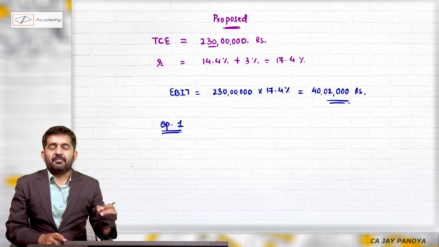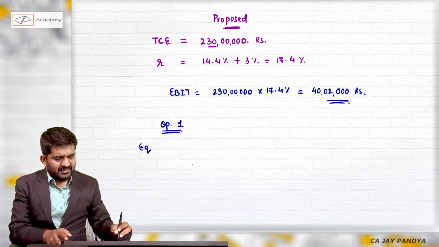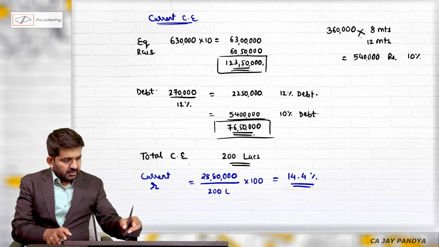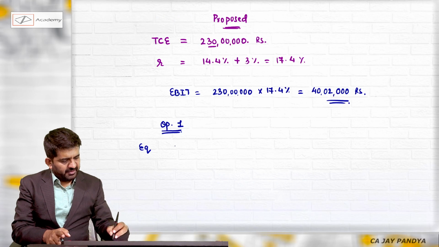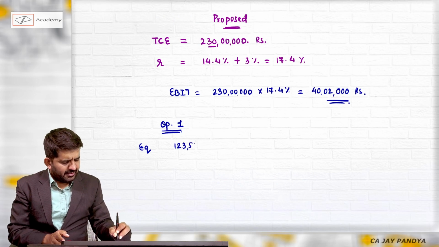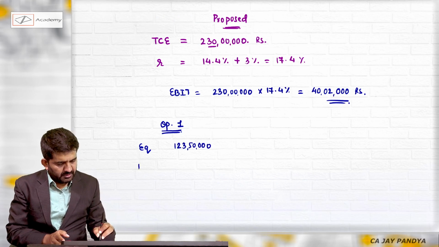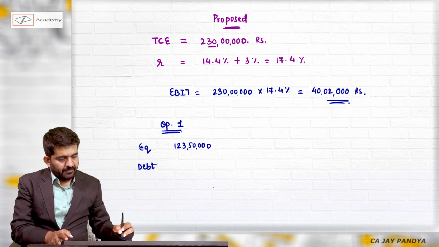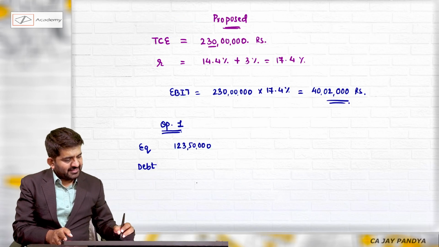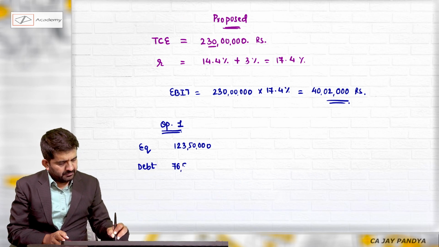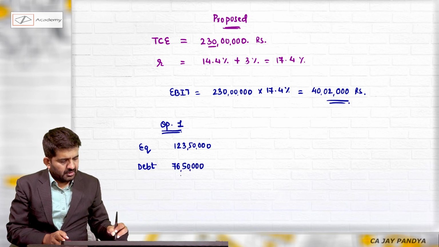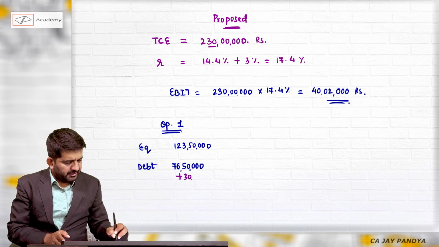In option number 1, equity is going to remain same, 1 crore 23 lakh 50,000. But debt, which was previously 76 lakh 50,000, now there will be increase of 30 lakhs.